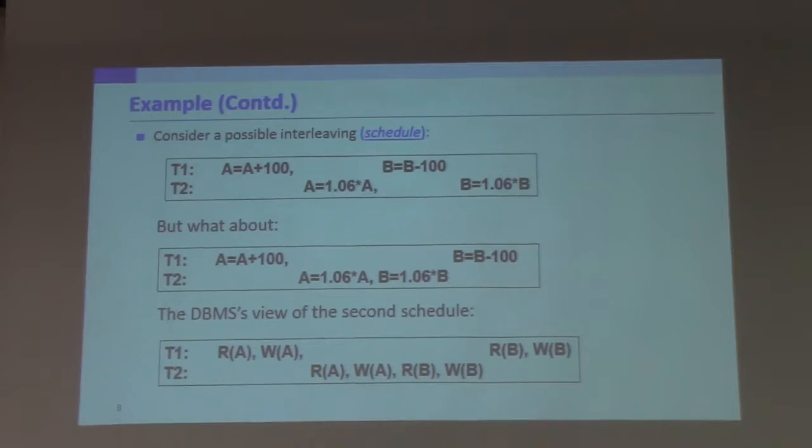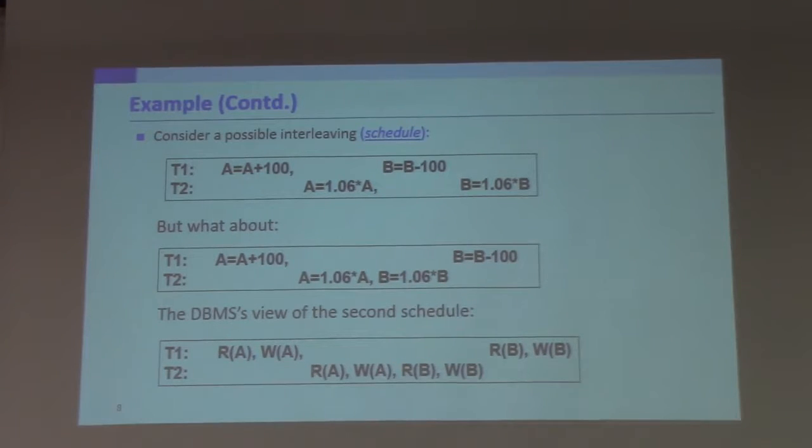From a transaction manager's point of view, I don't really care what you are doing within a transaction. What's the semantic implication of your transaction? For example, I don't want to care whether you are moving $100 from account A to account B, or you are giving out interest. From the transaction manager's point of view, all you are doing is you read the value of some object. Then you go around and do something about that. And you come back, ask me to write some value back to the object.